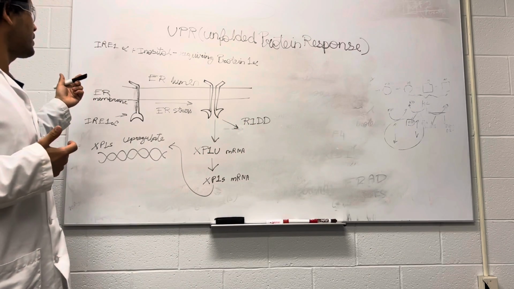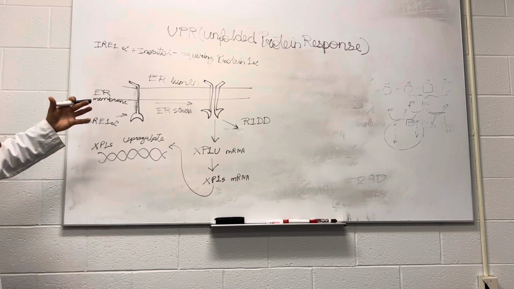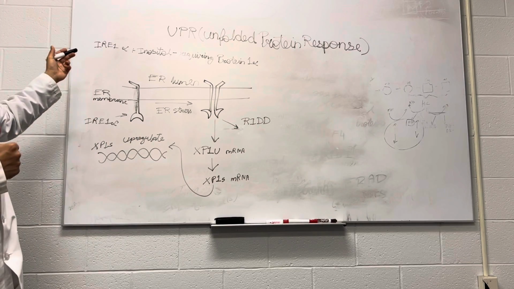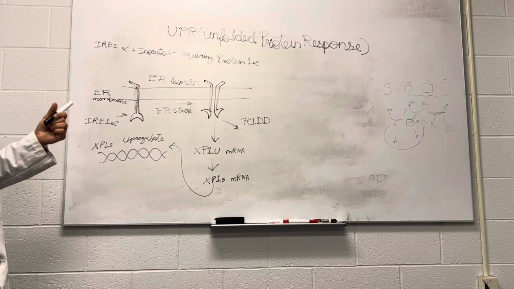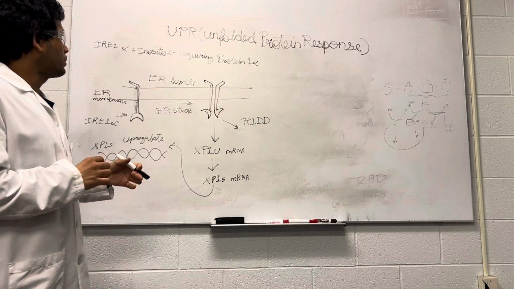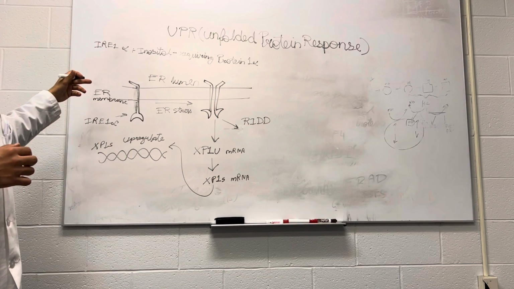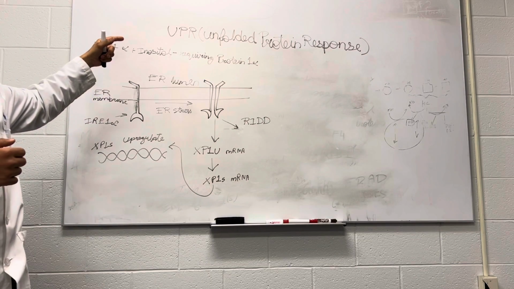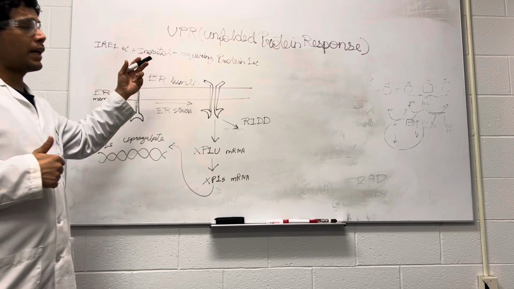In this video I will discuss, slightly in detail, what is happening when the IRE1 alpha signal gets activated. Before going on, let us briefly revise why UPR gets activated.